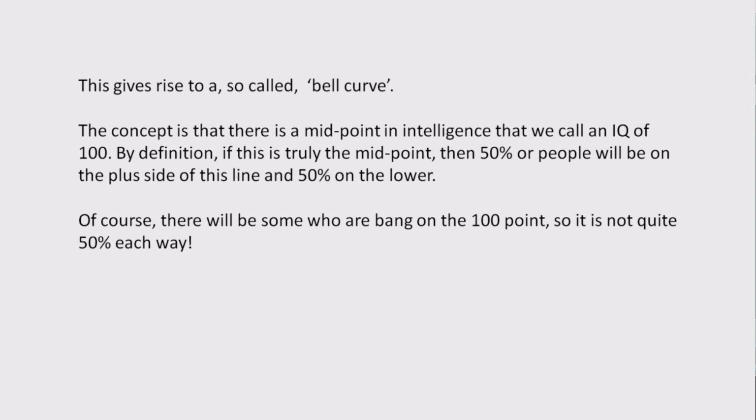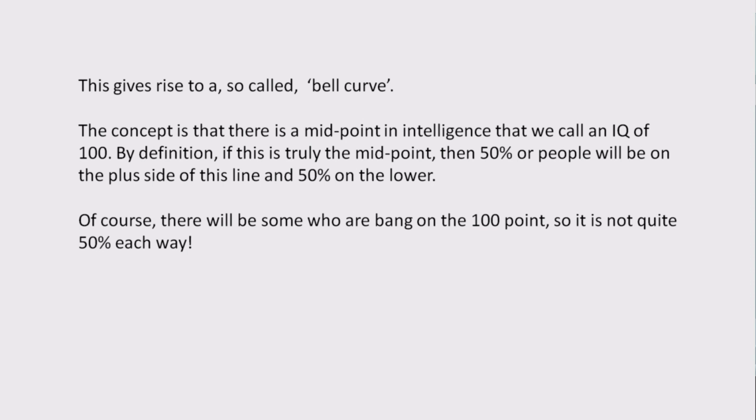The concept is that there is a midpoint in intelligence that we call an IQ of 100. By definition, if this is truly the midpoint, then 50% of people will be on the plus side of this line and 50% on the lower side.